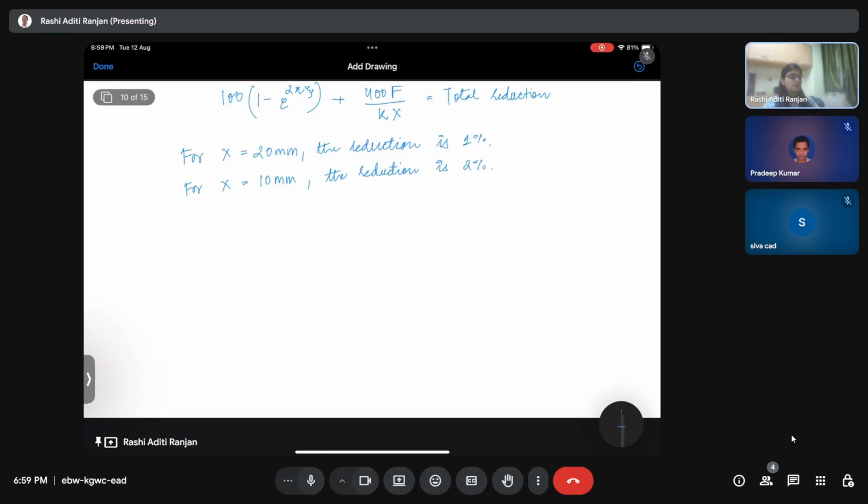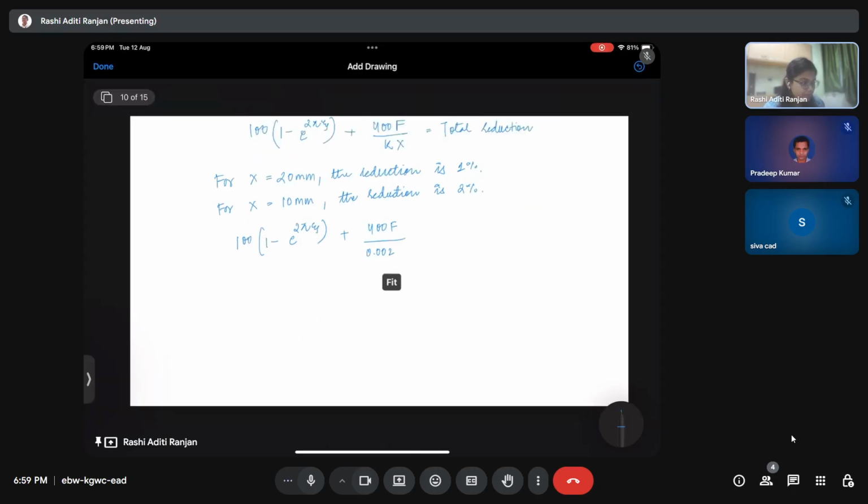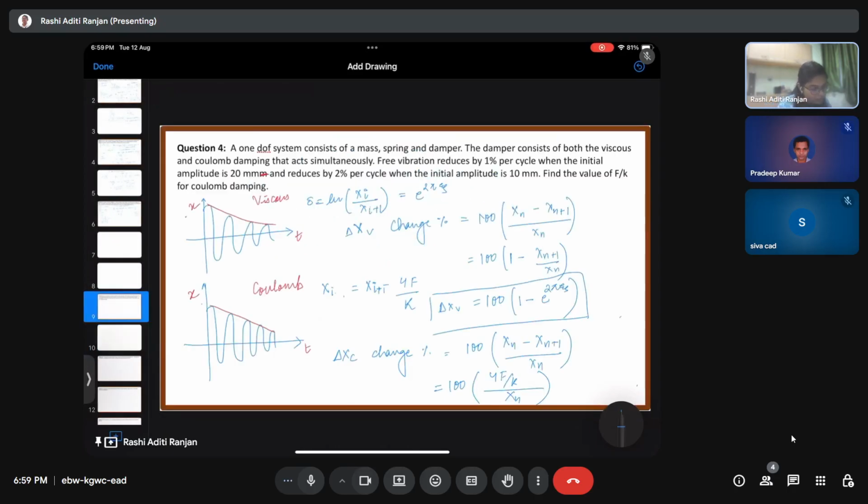Okay. So now when I put it in this equation, what do I get? I get 100 times 1 minus e to the power 2 pi eta plus 400 f by 0.002. Okay, it should not be 20 mm, it should be 20 centimeters.